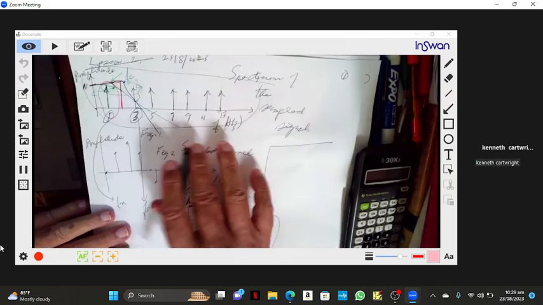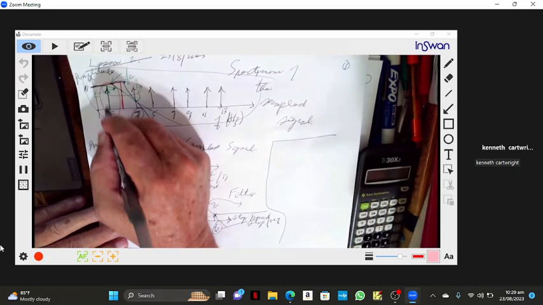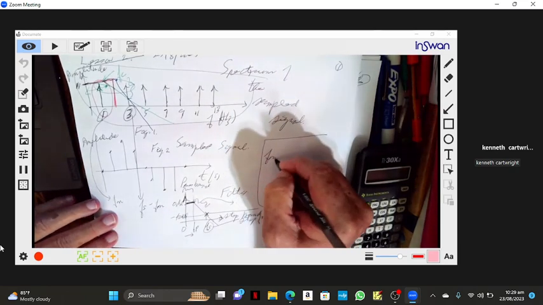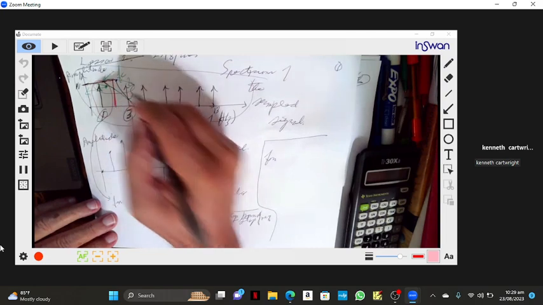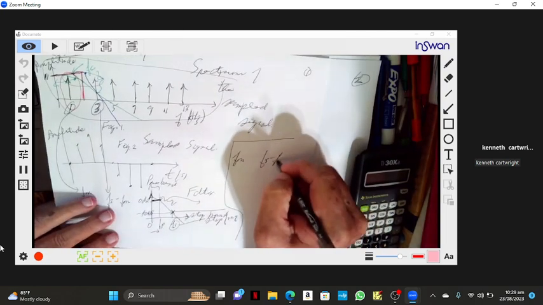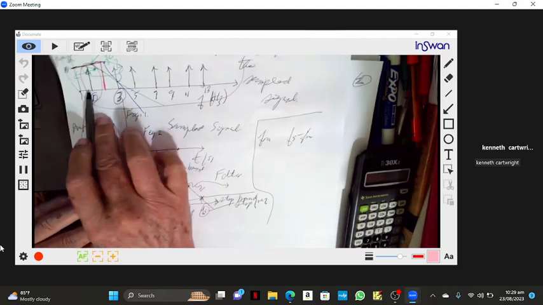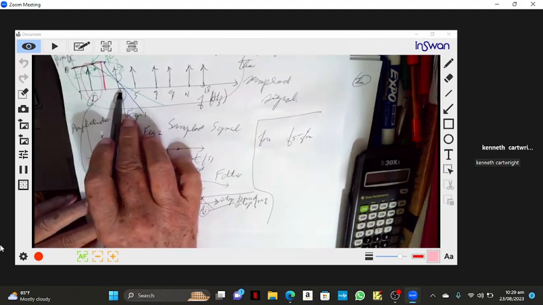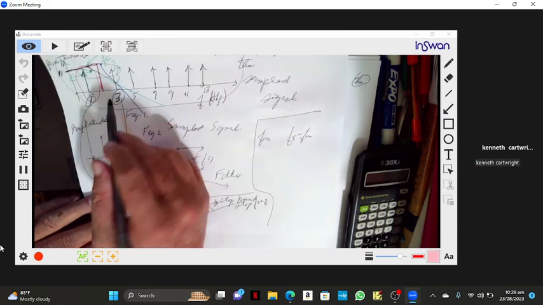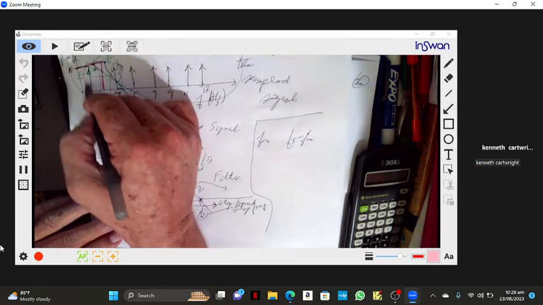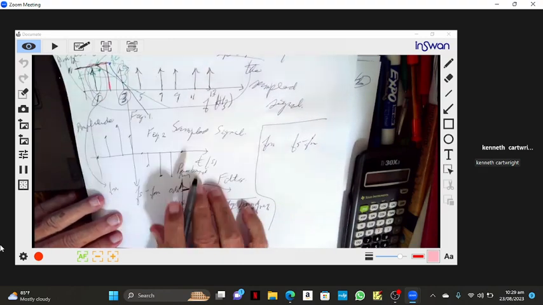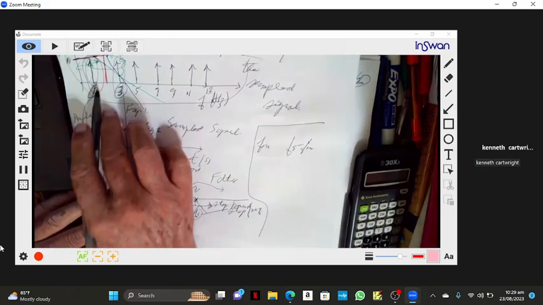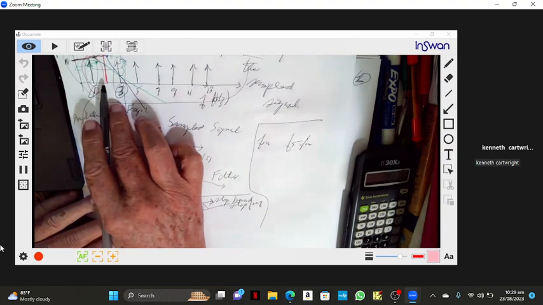Well, this one here is FM, and this one here is FS minus FM. And of course, to separate these two, what must be true? They can't be equal. Otherwise, we won't be able to separate them.